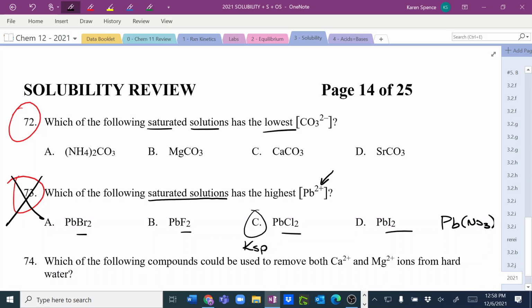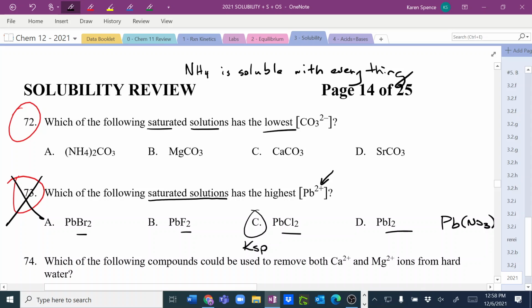Do you guys know anything about ammonium? It's soluble with everything. And so if it is soluble with everything, that means it's going to have one of the highest concentrations of carbonate, yes? Because lots can dissolve, so it's not going to be that one.